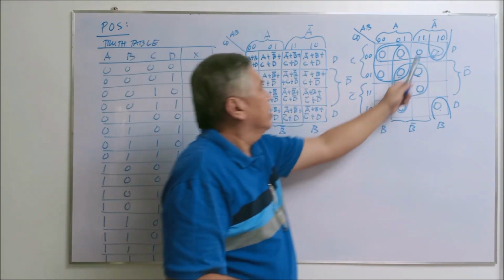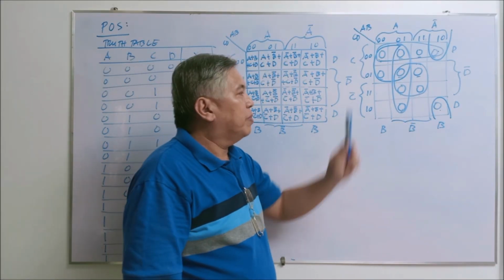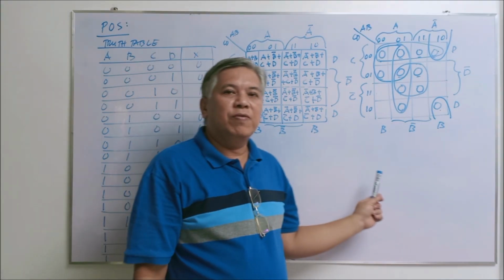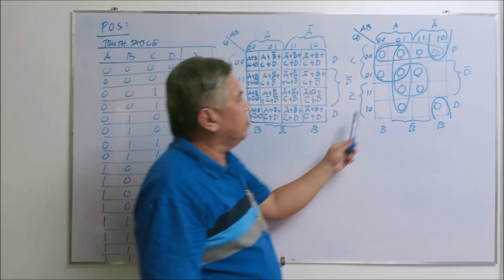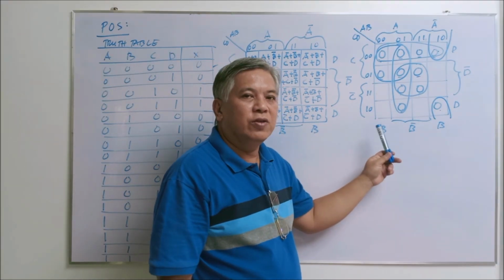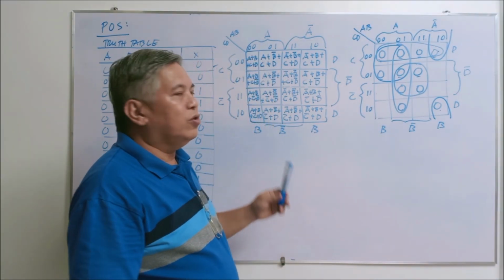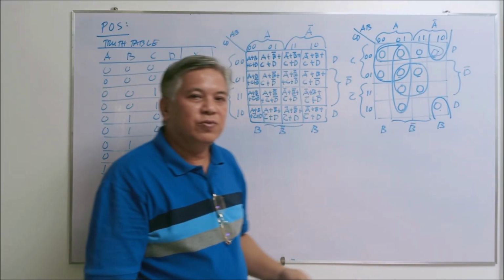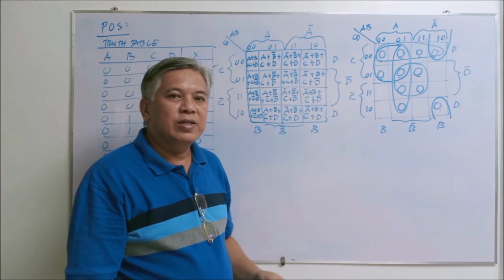Once you do that, there is what we call a redundant variable present in your equation, and that will not be a simplified logical equation. So if all of these cells are already grouped, then no need to force to group other cells which are not needed. So just avoid that one.